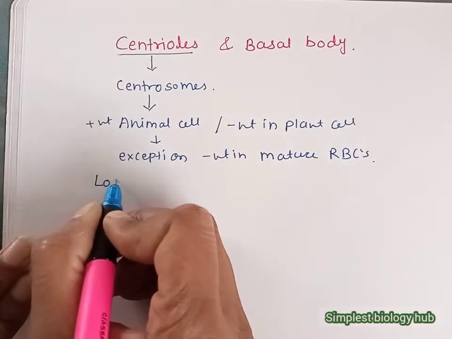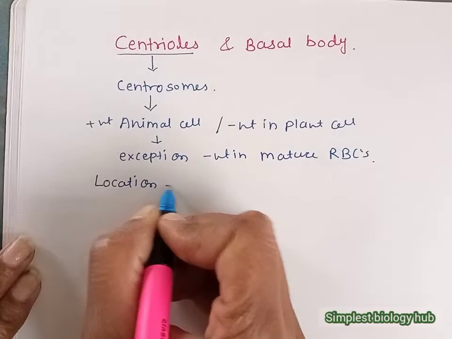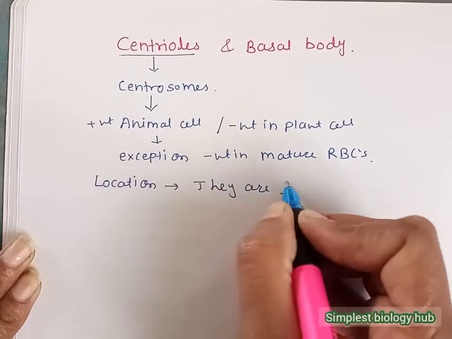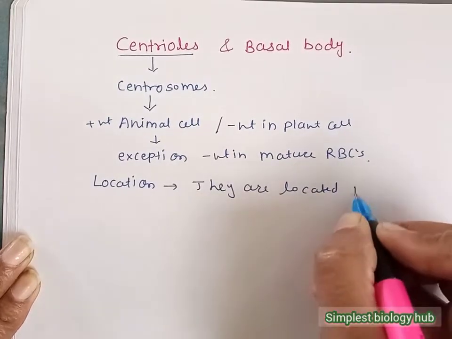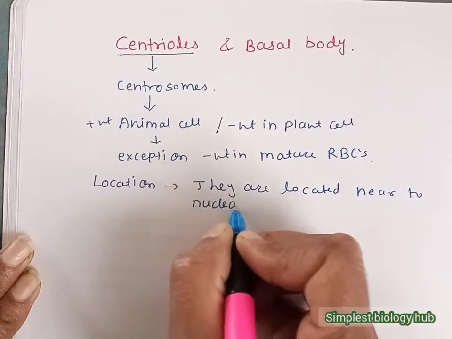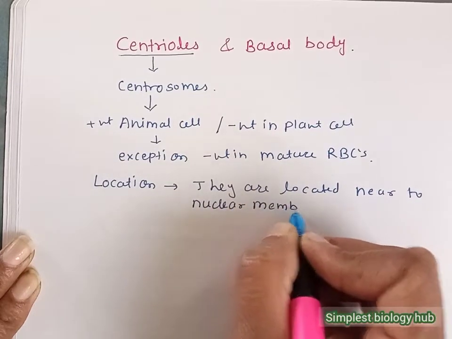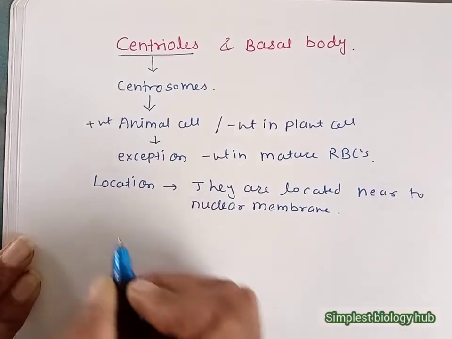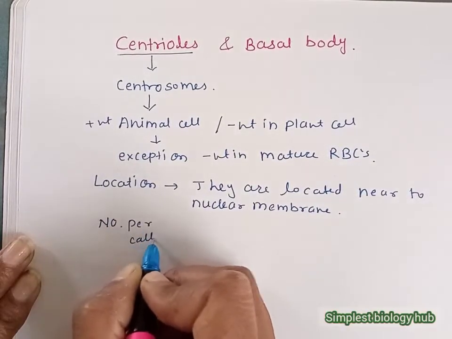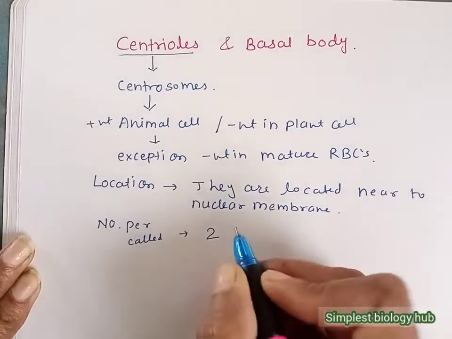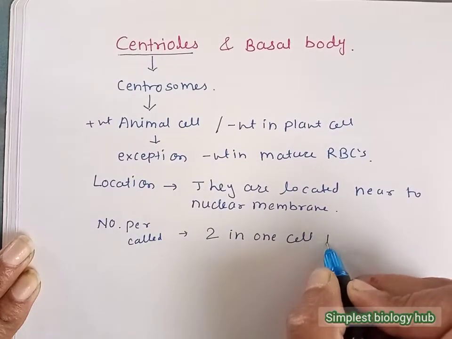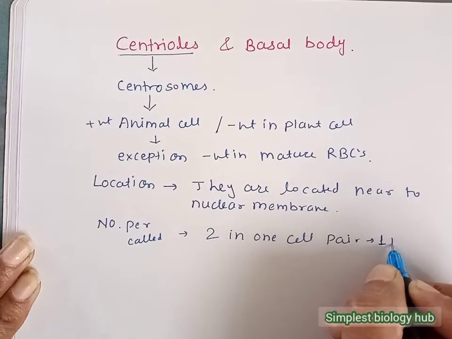Now we talk about the location where they are located. They are located near to the nuclear membrane, means near to the nucleus. And the number of the centriole per cell is 2 in one cell, and when we talk about the pair, that is one pair.